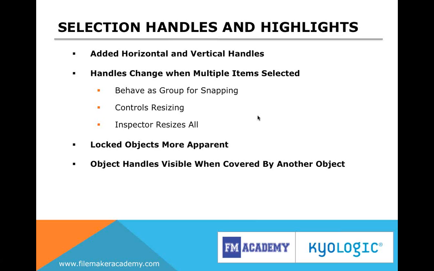Also, there's an inspector change, which allows us now to resize all the parts. If you, for example, have a common-sized element, you can resize them individually by selecting them all and then putting in a dimension. And before, that function did not work that way. The other thing they've done is they've added much better indication of locked objects so you can see them. And you also have the advantage now that handles are visible even when they are buried by another object.